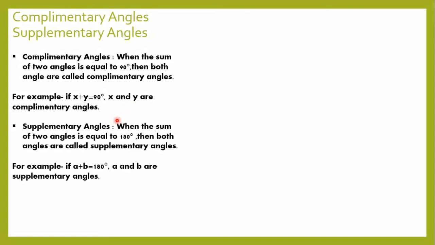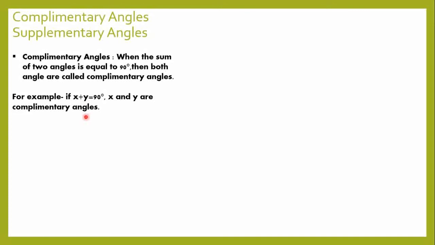So for example, if we take the value of x as 30 degrees and y as 60 degrees, and if we add both these angles, 30 plus 60, it will be 90 degrees. So we can say 30 degrees and 60 degrees are complementary angles, right?